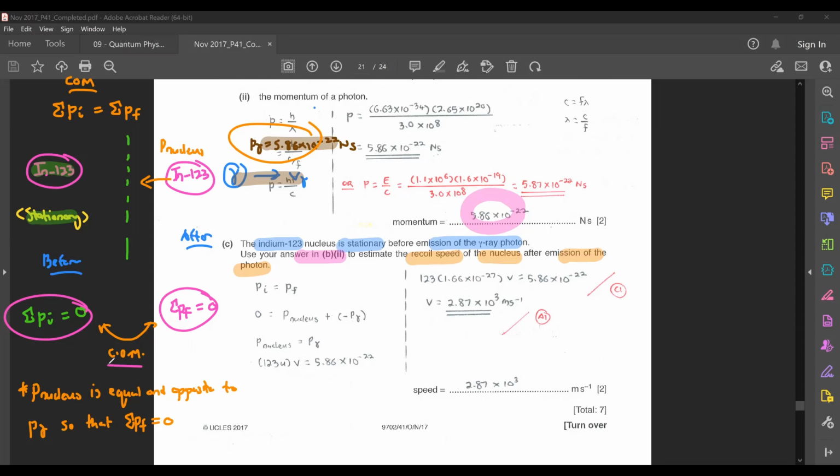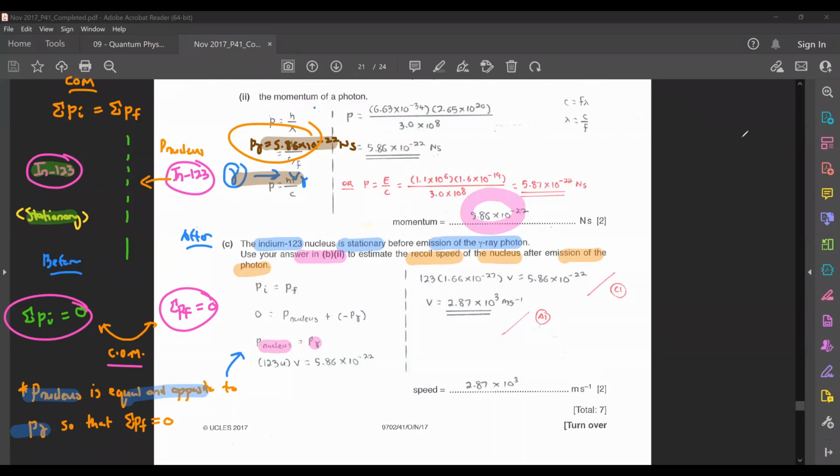If the total initial momentum is 0, the total final momentum must also be 0. And the only way that your total final momentum could be 0 is if the momentum of the nucleus is equal and opposite to the momentum of your gamma ray photon. So right now, you could say that the magnitude of the momentum of your nucleus is equal to the momentum of your gamma ray photon.